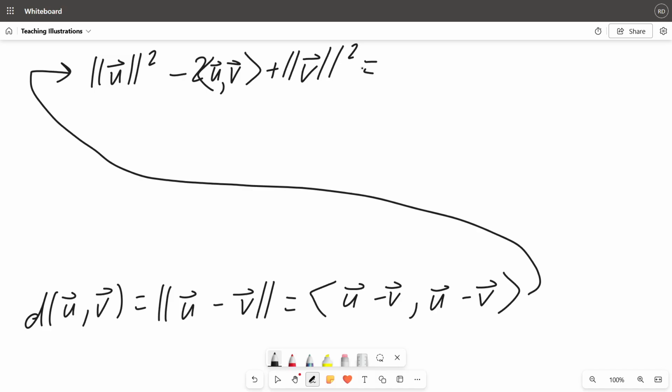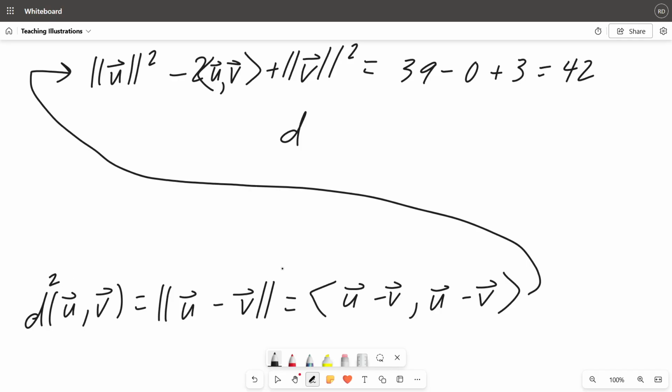The length of u was root 39, so this is 39 minus, uv was 0, plus the norm of v was root 3, so squared is 3. So this becomes 42. So the distance, this should have been, there was a square root on this whole thing the whole time.